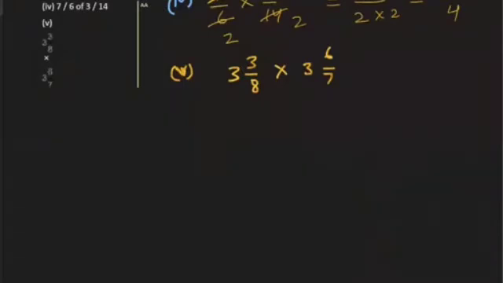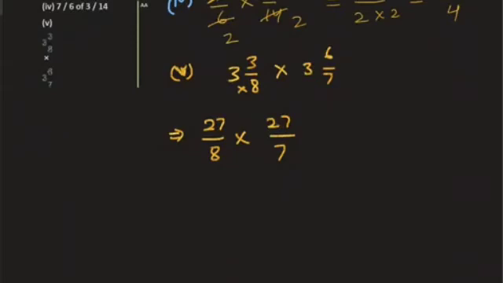Now first we have to convert mixed fraction into improper, so 8 threes are 24 plus 3, 27. So 27 upon 8 and 7 threes are 21 plus 6, 27 upon 7. Fine. So can we reduce 27 and 7?